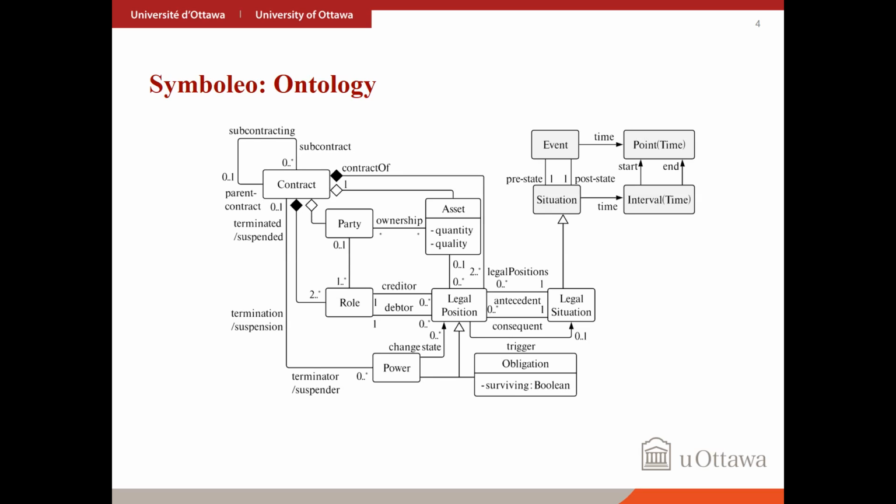Roles are assigned to parties that participate in the contract execution. A legal position is either an obligation or a power that defines a legal relationship between a debtor and a creditor. I skip other relationships and concepts. You can look at our recently published paper for details.